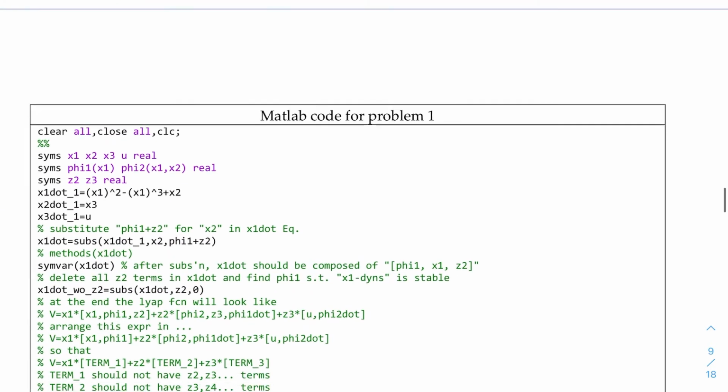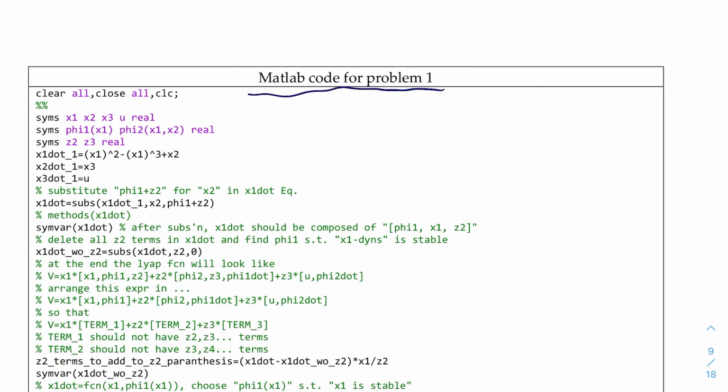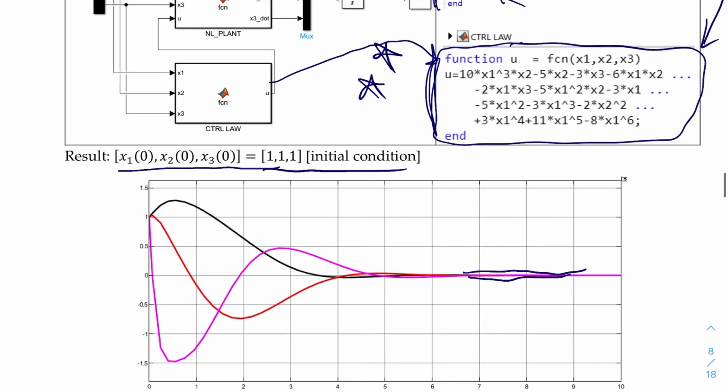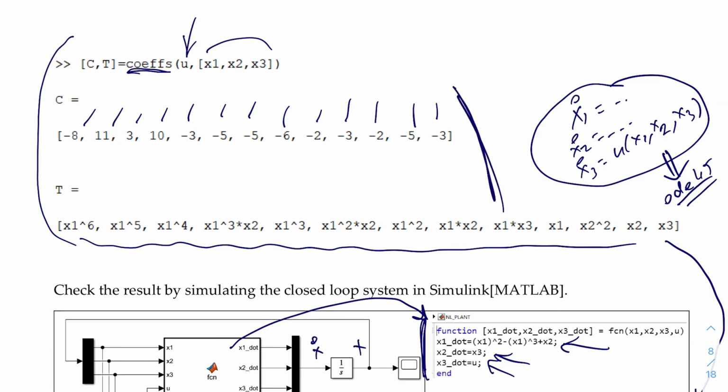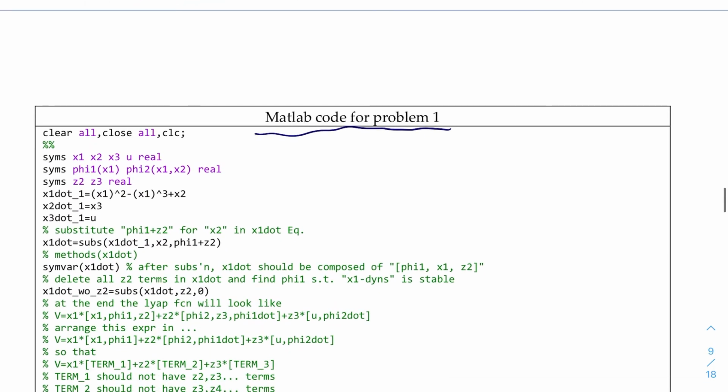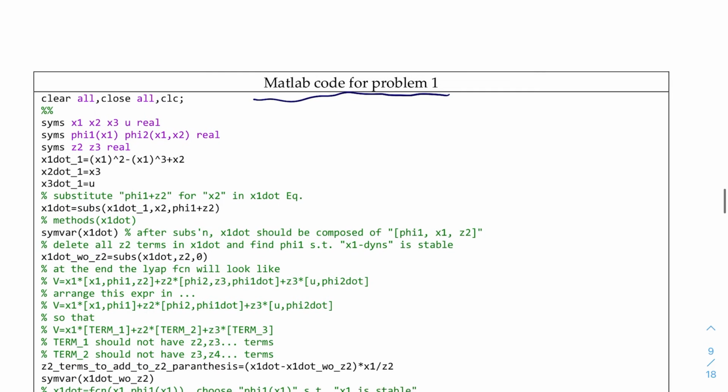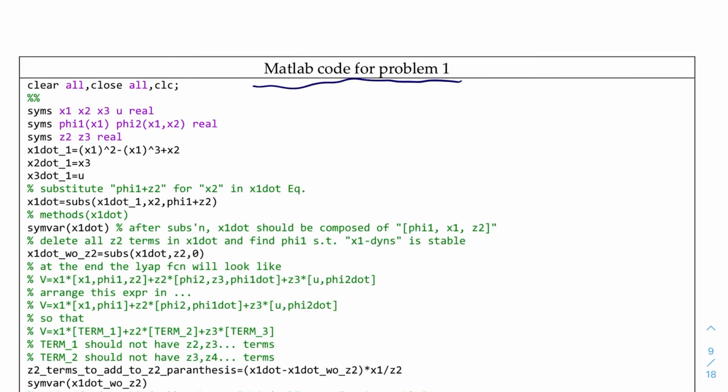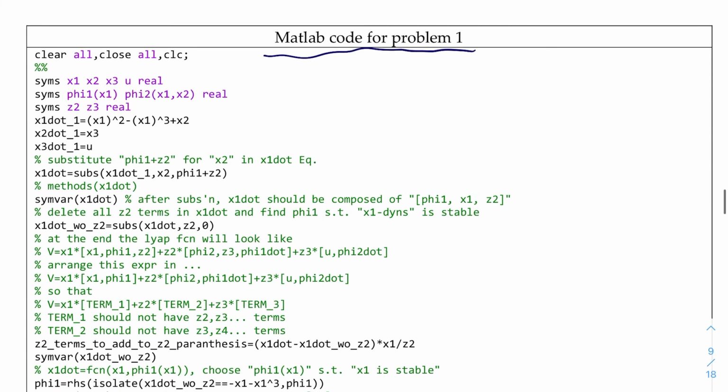Okay, so this is the MATLAB code for problem 1. As you notice from here, I use MATLAB functions to create that incredibly long u as a function of x1, x2, x3. Let's try to focus on that. First of all, we will have x1, x2, x3, and u, and I just write real because they will be real.